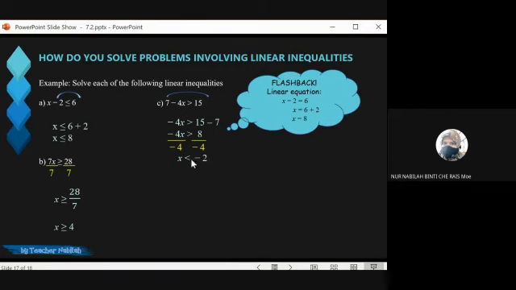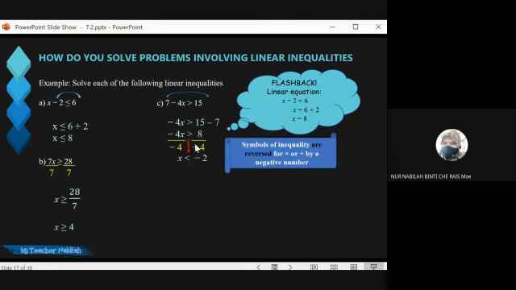Okay, so this is your answer. Because you divide by a negative number, the symbol will change. Remember, as you already learned just now, the symbol of inequality is reversed when you multiply or divide by a negative number. So this one you have to change the symbol.